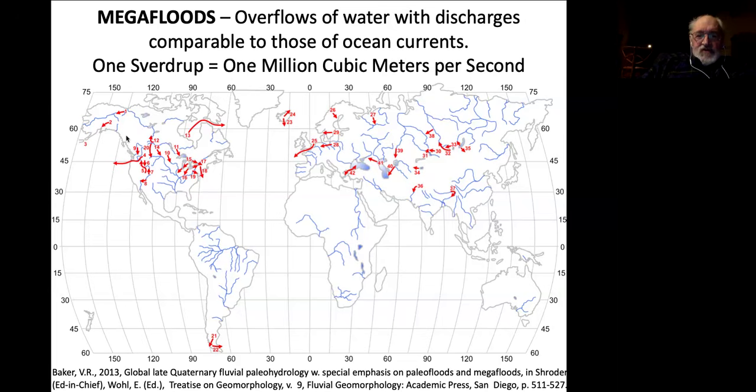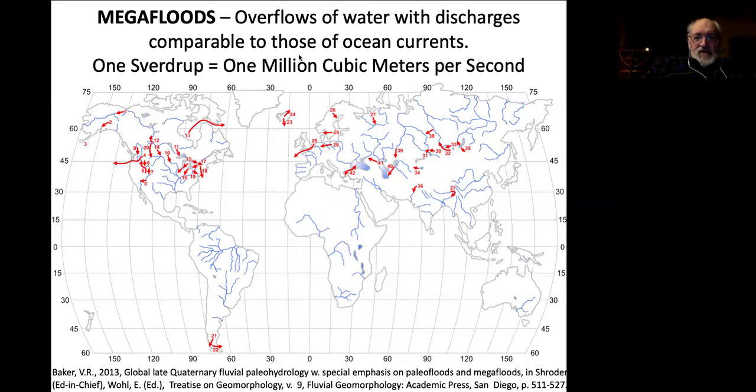They are all associated with giant ice sheets that covered North America, Eurasia, and parts of the southern part of South America. They occur around the margins of those ice sheets, and there are physical reasons why they would occur.